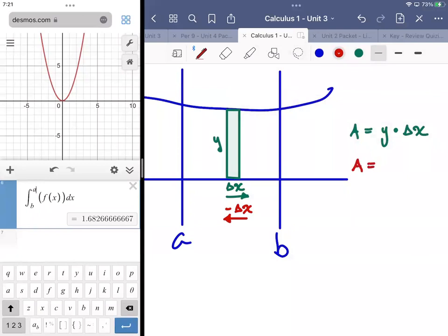So the area would still have the same y, the height never changed, but my delta x is now negated. So this would be negative y delta x for just that one rectangle. Then if I fill this area up with infinitely many rectangles, I'm going to have infinitely many of these negative y delta x's, the only difference being the direction.